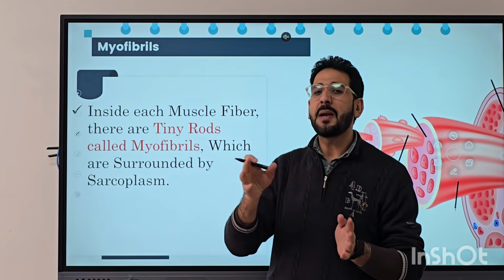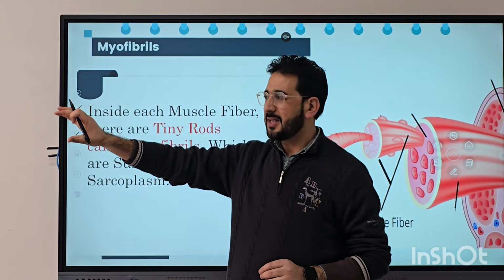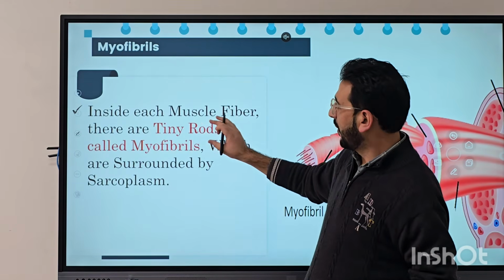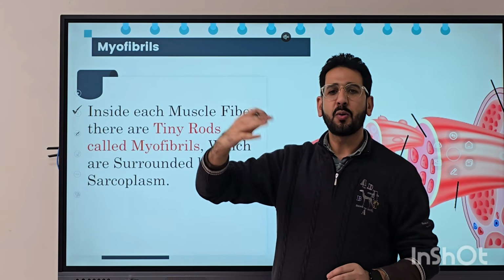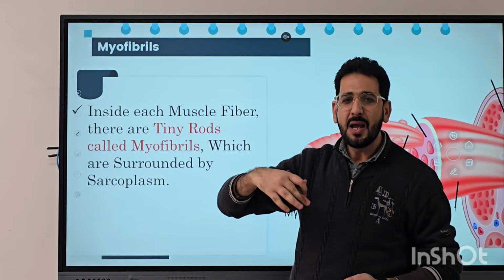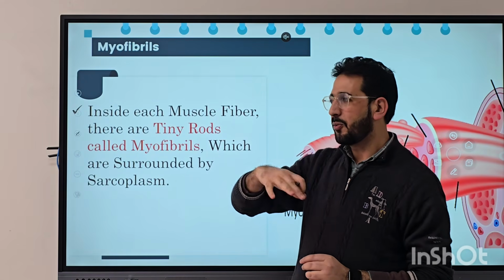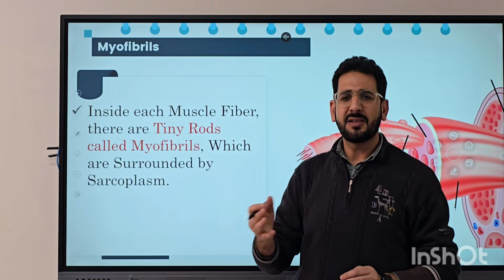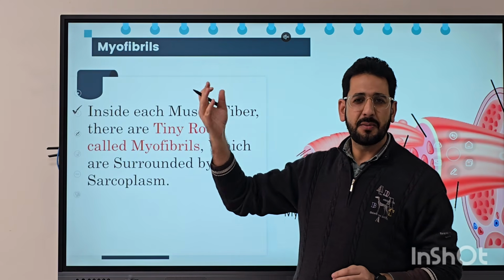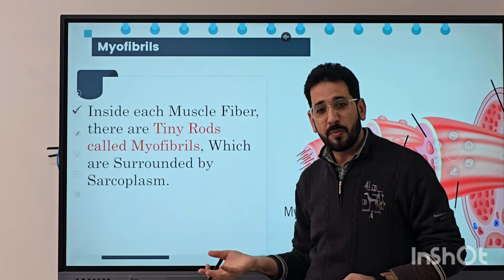Consider these myofibrils as a long train, and they are surrounded by the sarcoplasm, that is the cytoplasm of the skeletal muscle. I've already told you that sarcoplasm contains the glycogen, all the mitochondria and cell organelles, and it contains the myoglobin as well.